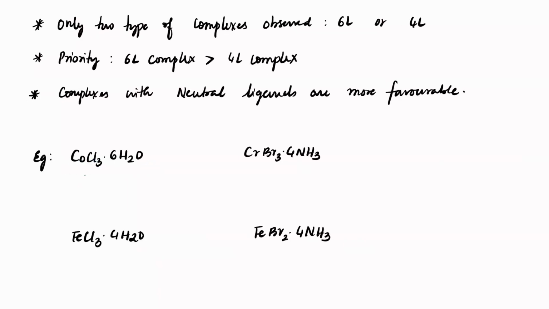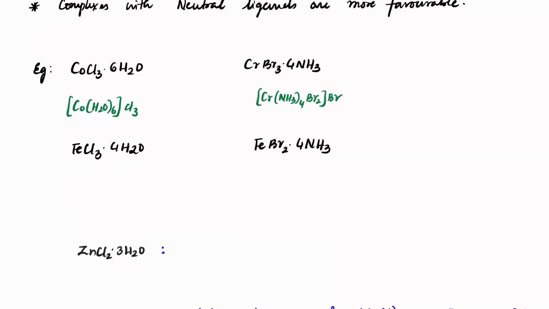How do I write that? Cobalt with H2O6 and close the bracket, and then we have three chlorines. Here, chromium with 4 ammonia and 2 Br inside and 1 Br outside. So that is one representation.